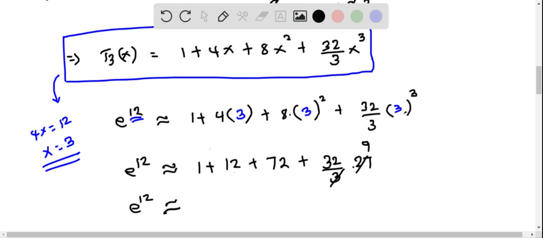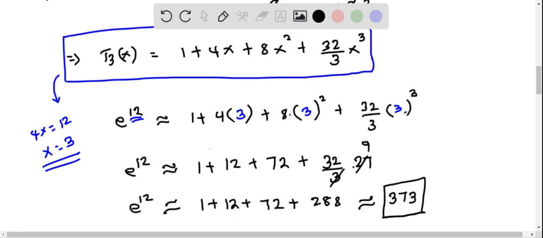And so we add these numbers: 1 plus 12 plus 72 plus 32 times 9, and this equals 288. And so when we add these four numbers, approximately 373. And so this is the approximate value of e to the power 12 using this polynomial.